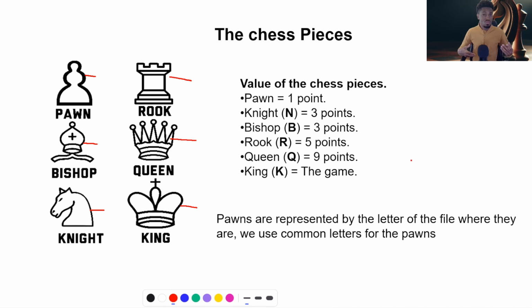We are never going to say pawn, we're just going to say C. That will be the name of the pawn. A, B, C, in lowercase letters. Those are the pieces: the names of the pieces, the values of the pieces, and the letters that represent each one of those pieces. Let's go to the next one.